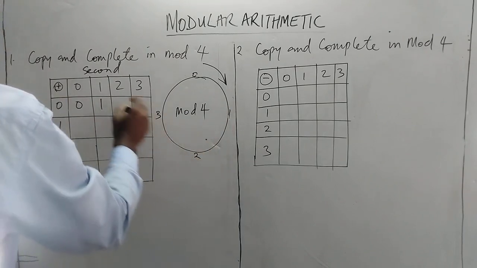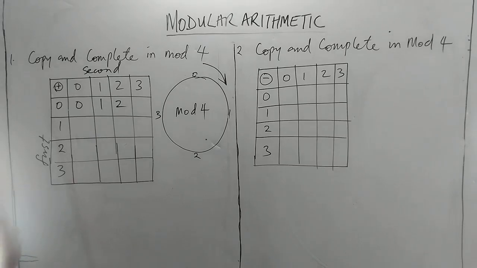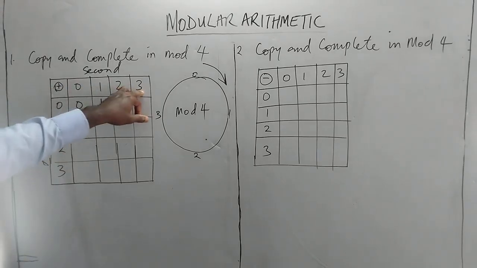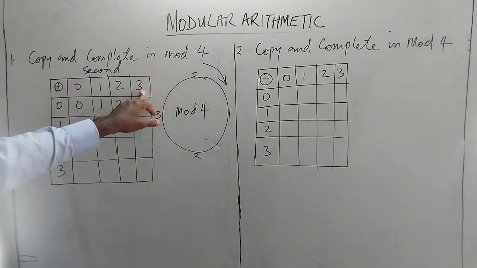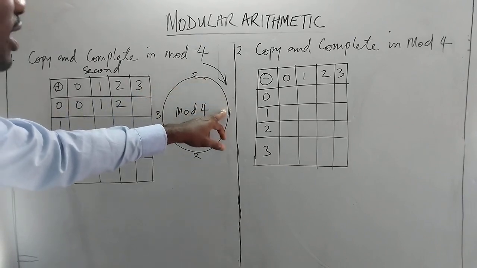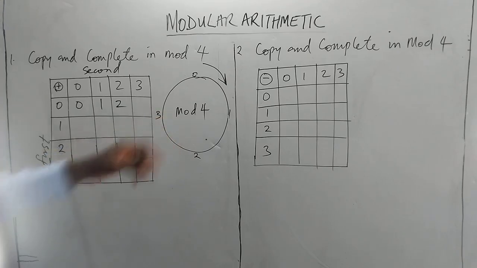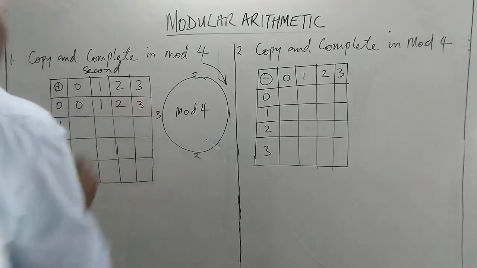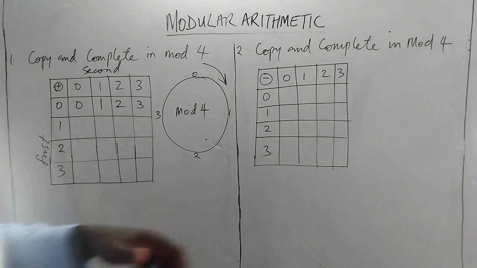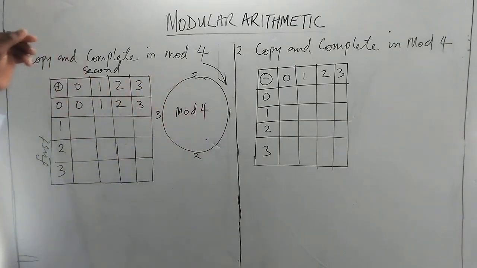It will land you at 2. You write 2. The next one, 0 plus 3, means you are starting from 0 and you are moving 3 places. So you move 1, 2, and you stop here, 3. You write 3. Wherever the clock stops, that's the number you write in the table.